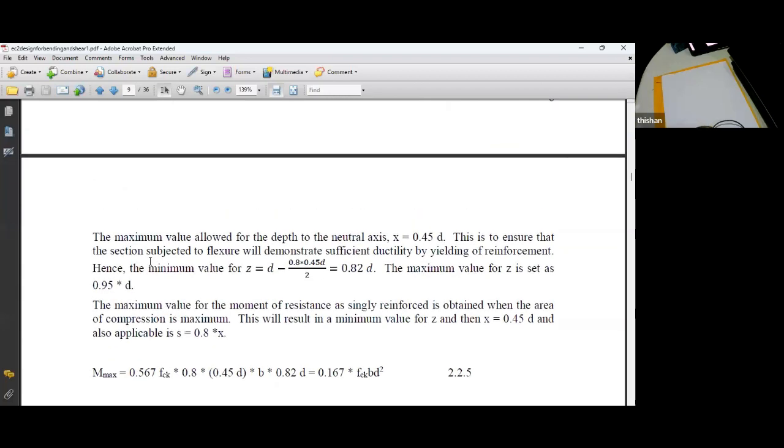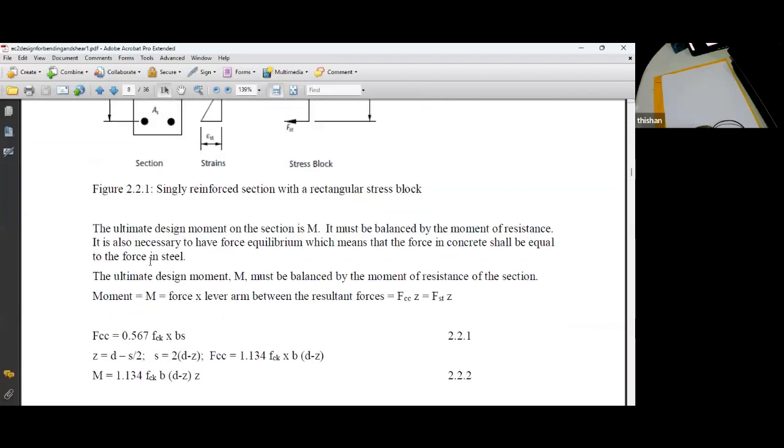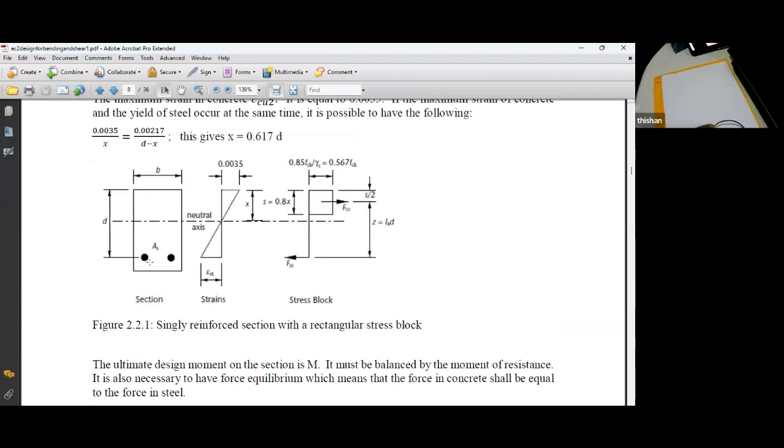So let's see why we like to provide a little extra reinforcement at certain sections. Some places we don't like to provide any extra reinforcement. And with that, I'm going to explain something called moment redistribution.